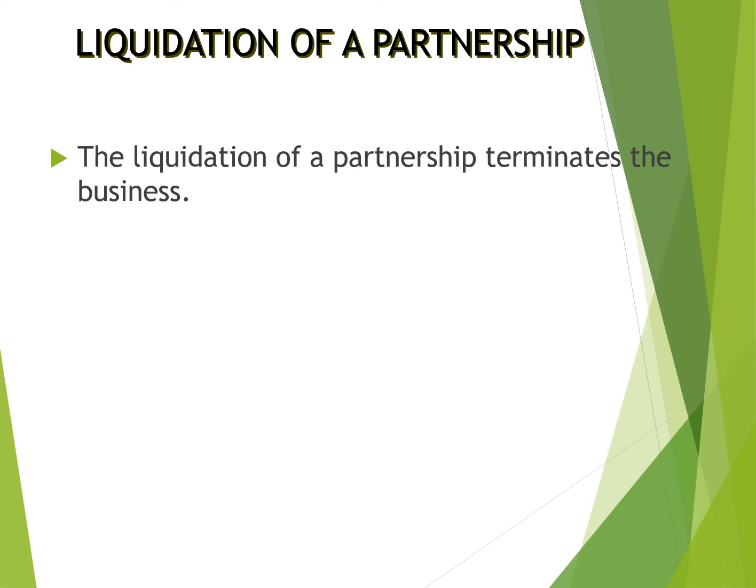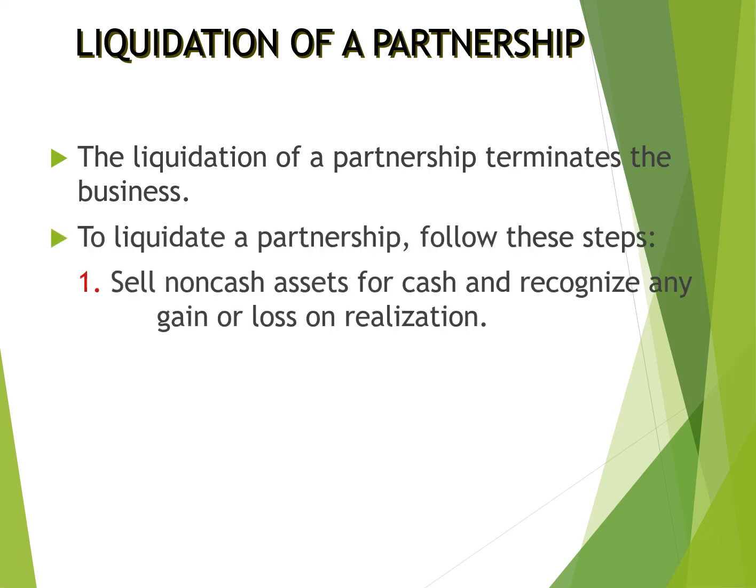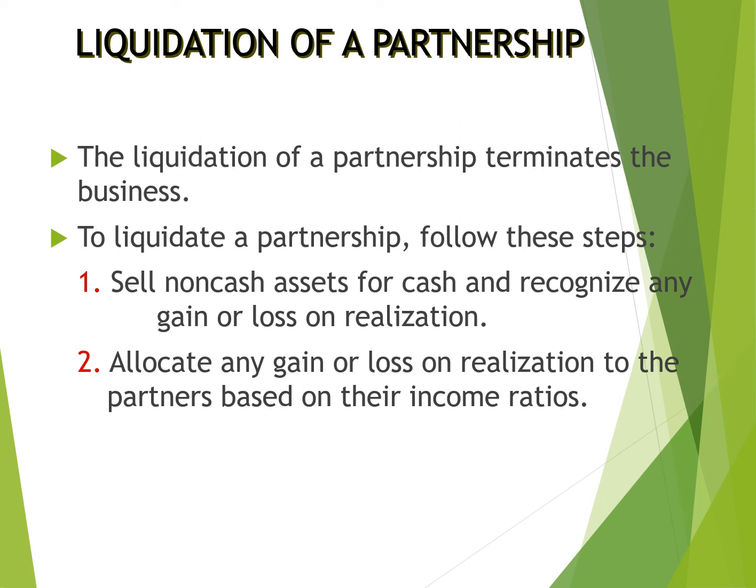So how is a partnership liquidated, or what is the liquidation of a partnership firm? The liquidation of a partnership terminates the business. To liquidate a partnership, the following steps may be followed. Sell non-cash assets for cash and recognize any gain or loss on realization.